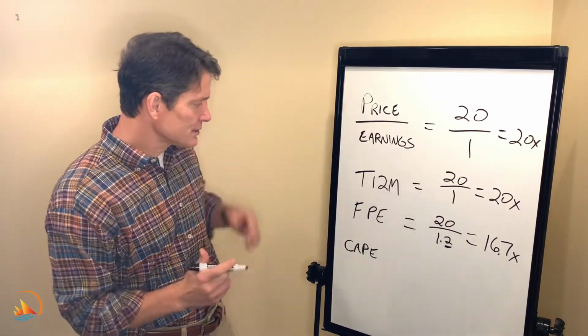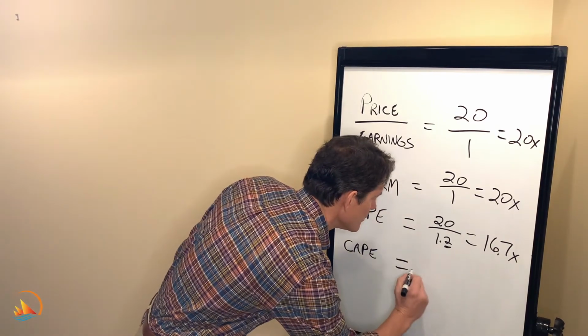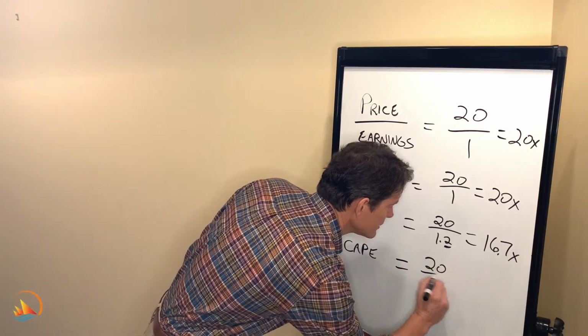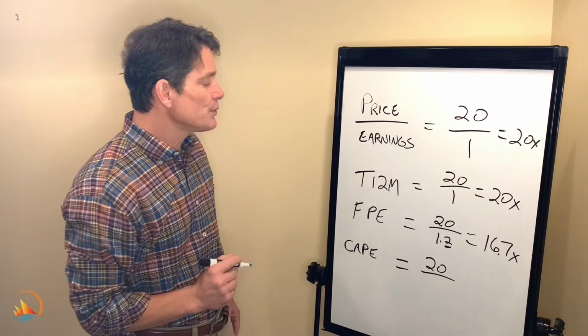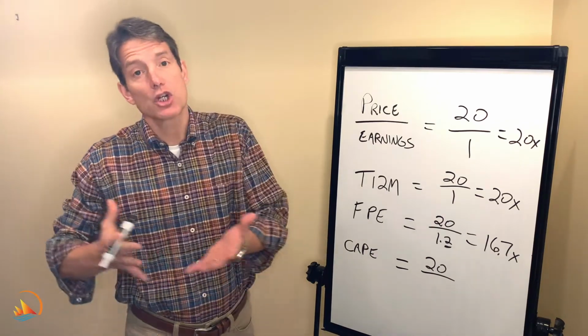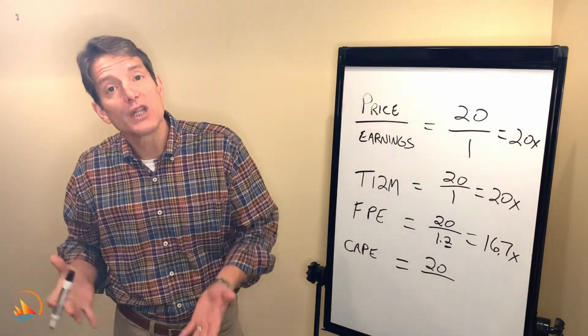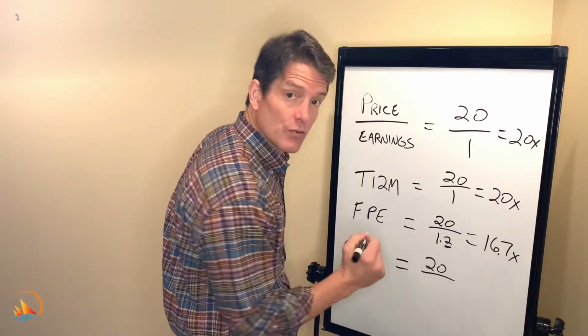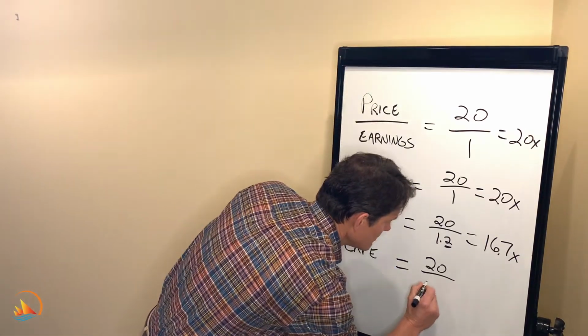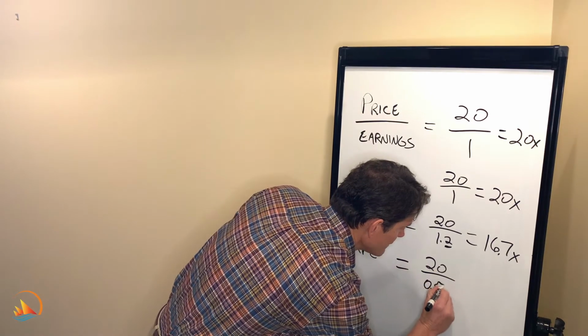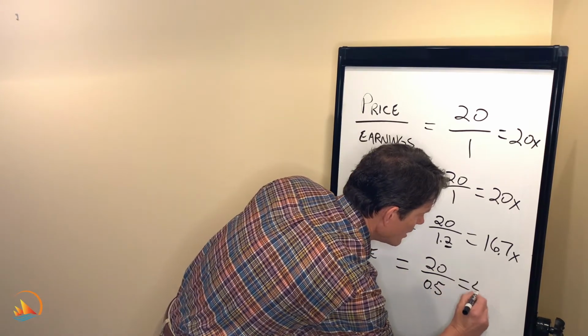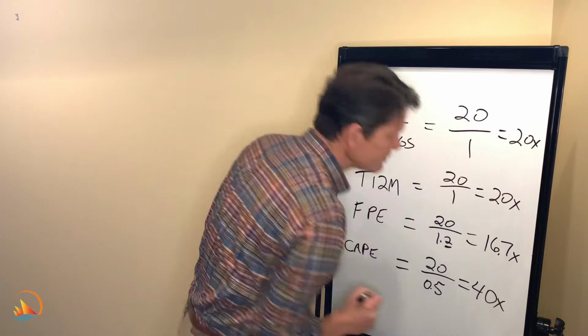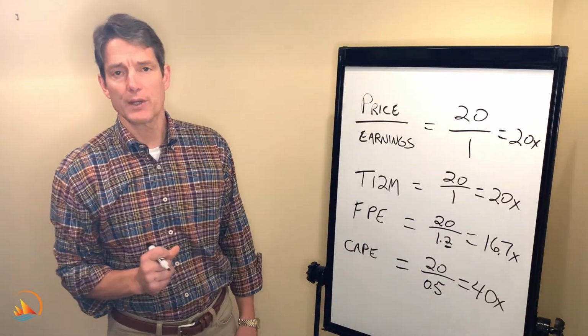I want a more stable way to look at valuation. And so what he decided we would do is we would start, obviously the price is still the same, but he would take the average earnings over the last 10 years. And that average earnings over the last 10 years, let's say we'll make the math easy, is 50 cents. So the cyclically adjusted PE is 40.